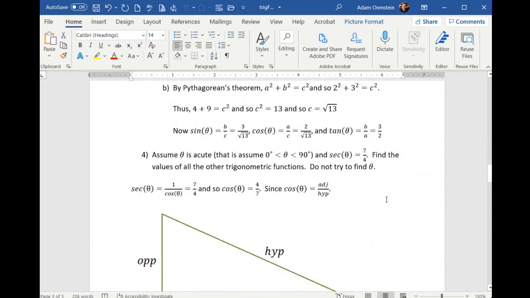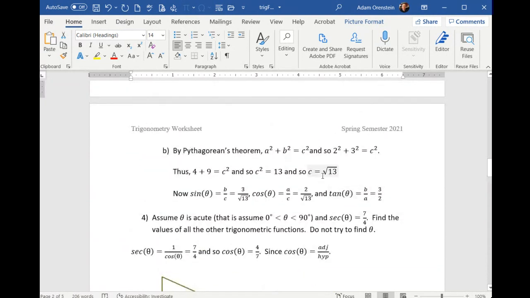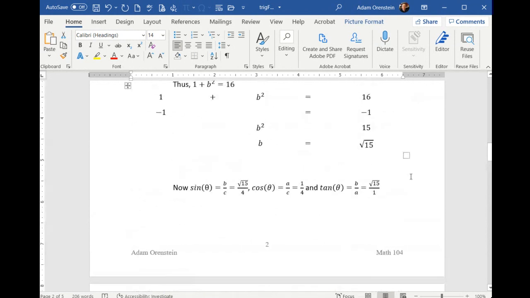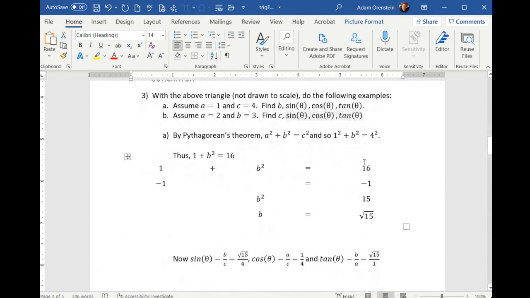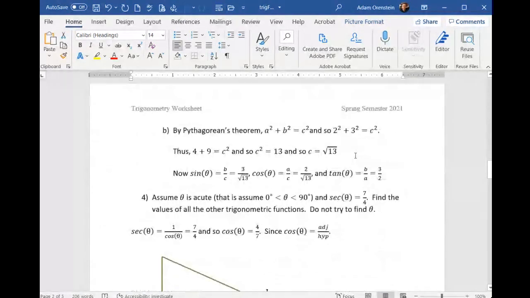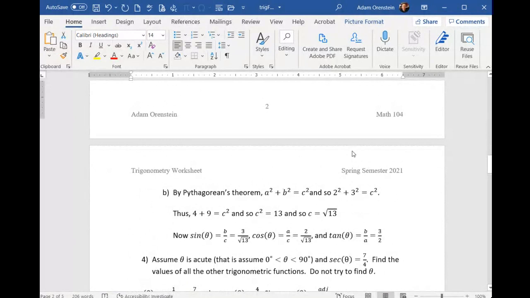I did not. And finally, tangent's B over A. B we got is 3, A is 2. So tangent of theta is 3 over 2, opposite over adjacent. So that's what we got here.